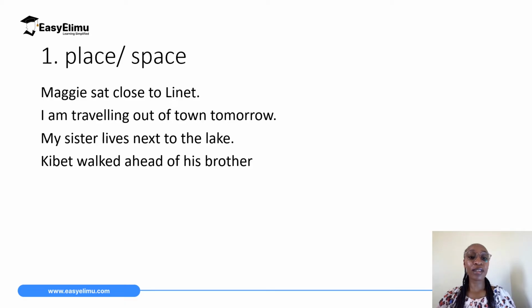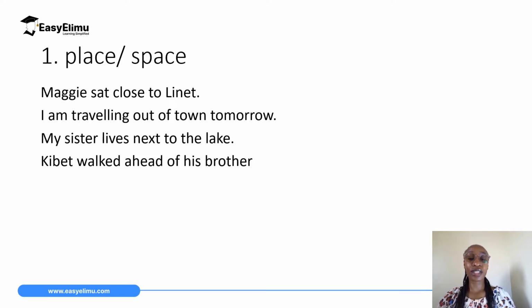I am traveling out of town tomorrow. Out of is a preposition and a complex preposition. My sister lives next to the lake. Next to is a complex preposition. And lastly, Kibet walked ahead of his brother.